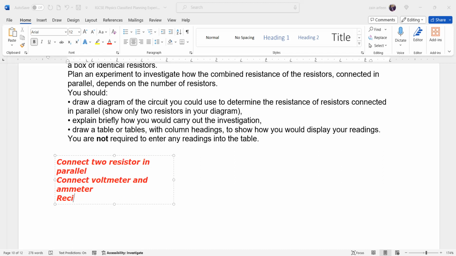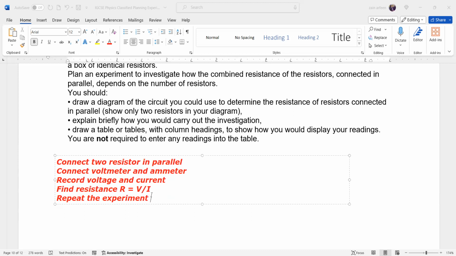We record the voltage and current. And we find the resistance by using the formula R equals V over I. Then we repeat the experiment. Don't mention only "repeat the experiment." Just mention how many times you will repeat the experiment, like repeat the experiment 3 times, which is the minimum number you should repeat.